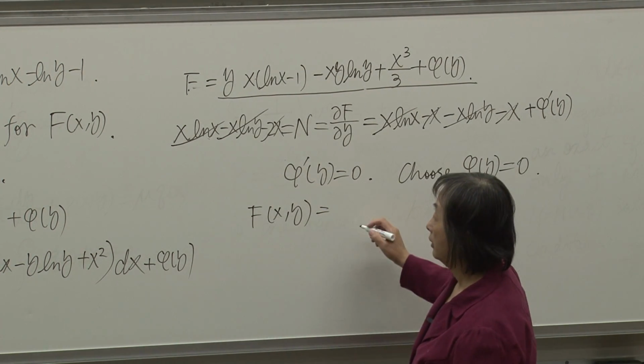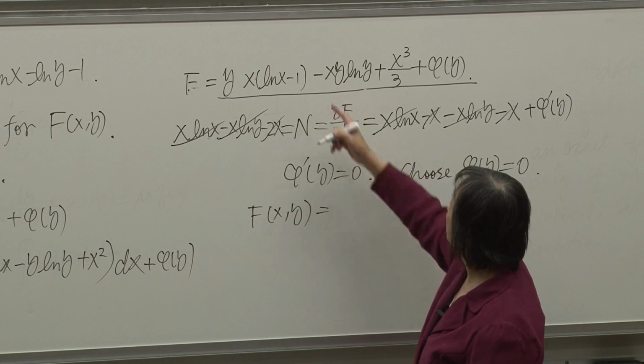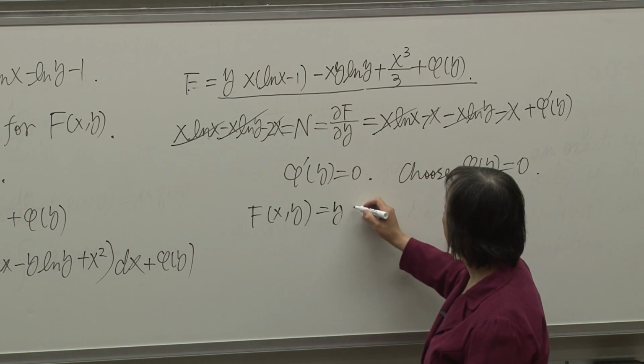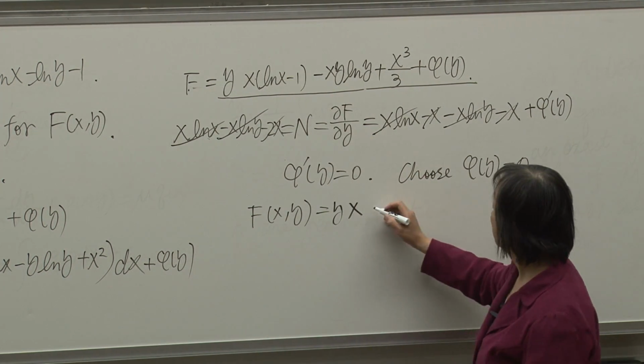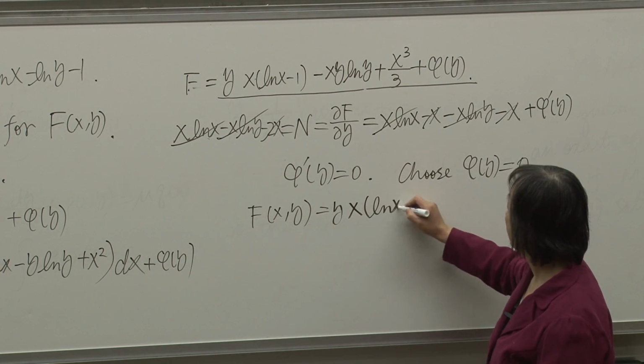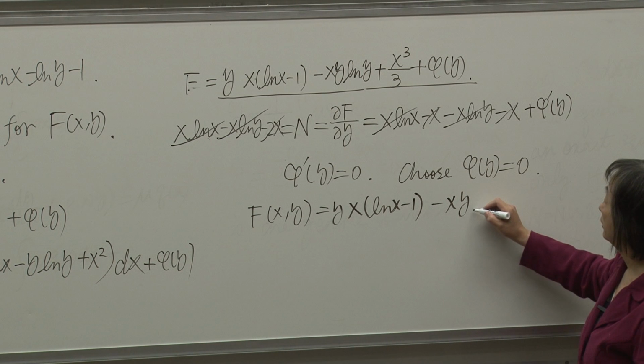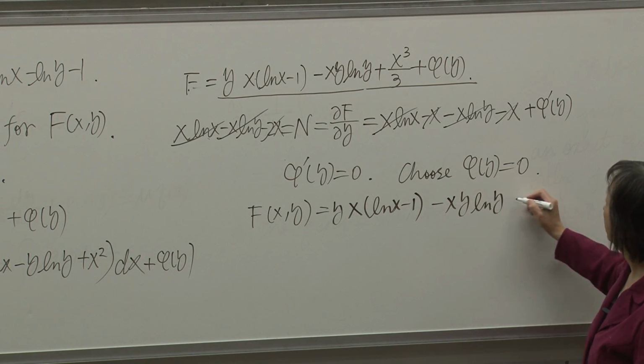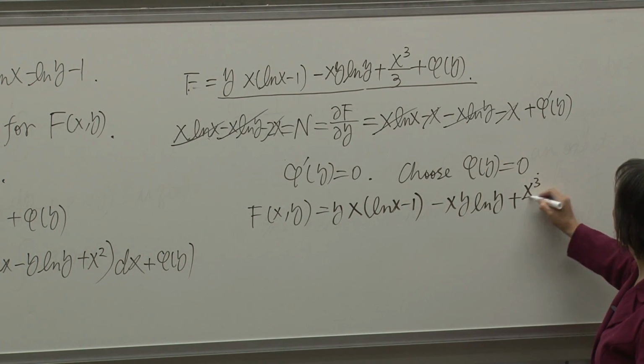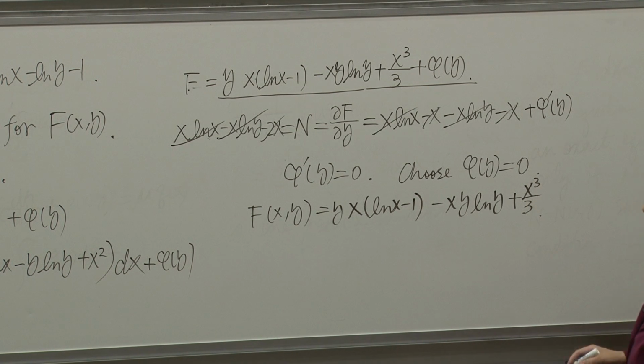Then f is this expression: y times x times quantity log of x minus 1, minus xy log of y, plus x cubed over 3.